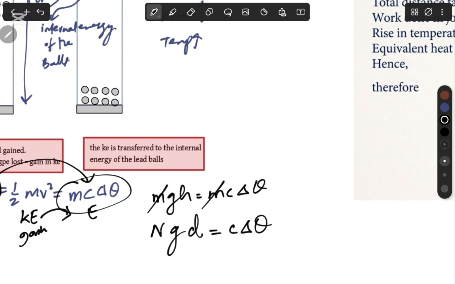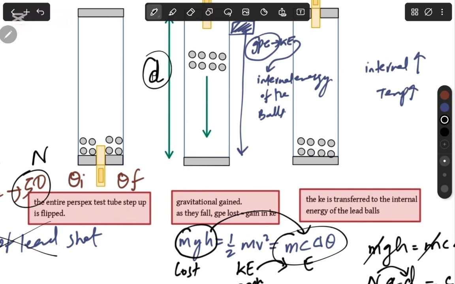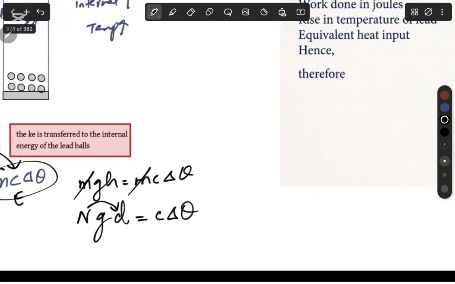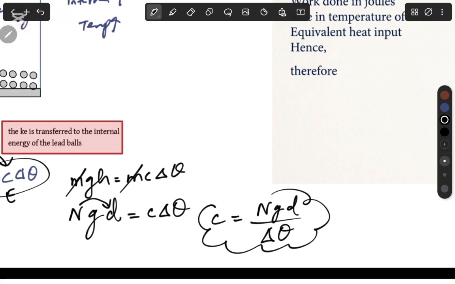If they move 50 times, they've covered this distance 50 times, right? So I'm going to put n times d, okay? So my c will be equal to ngd divided by change in the temperature. Okay? So that's going to be my value of the specific heat capacity.